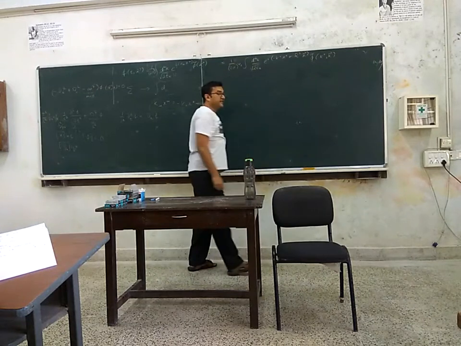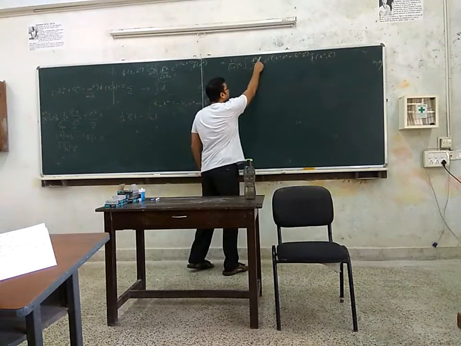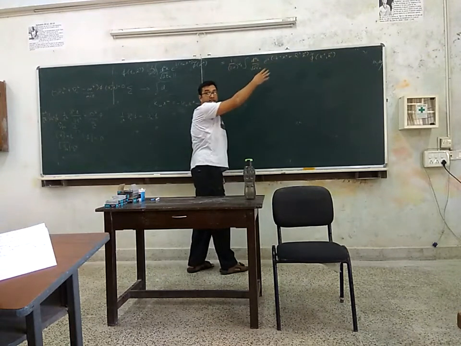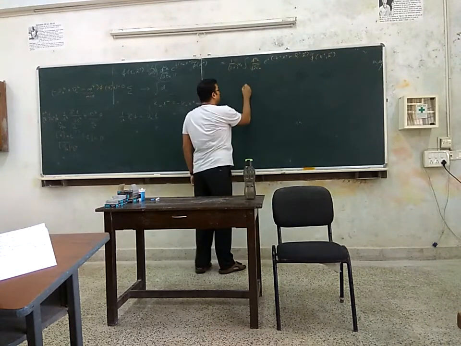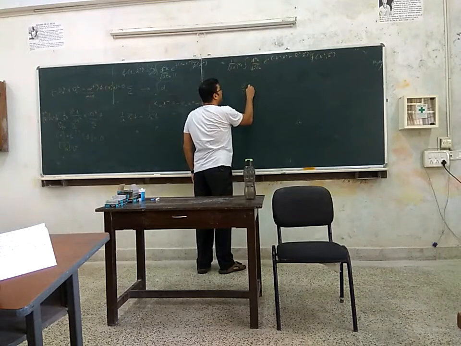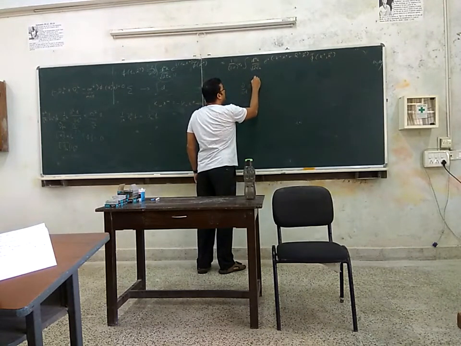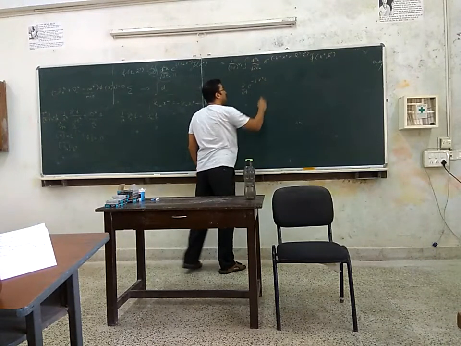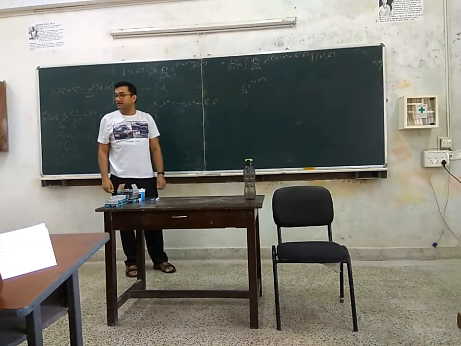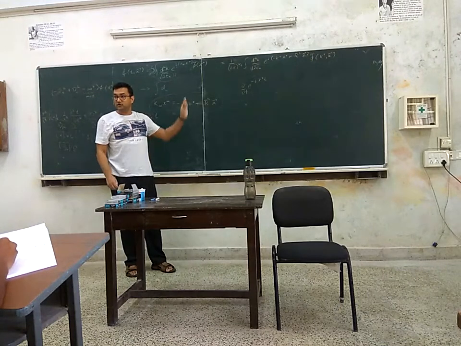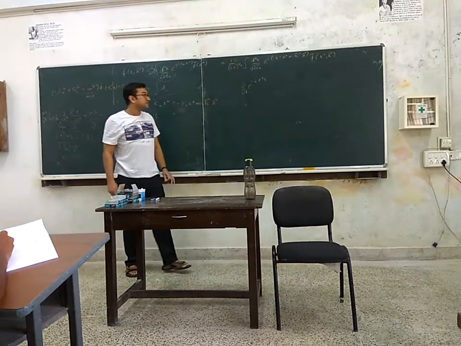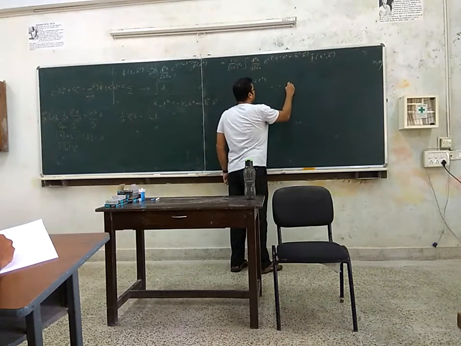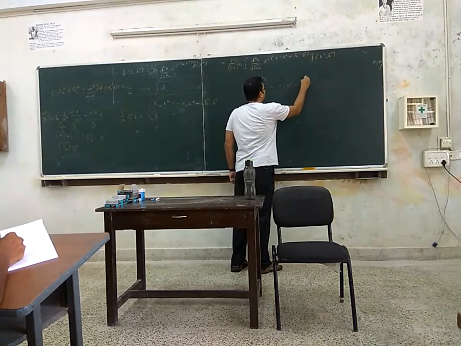Since the derivative is not in the integral, I can just take the derivative. So what do I get? d by dt of e to the minus i k naught t. This is the only thing I have to take the derivative of. I will get minus i k naught times e to the minus i k naught t.